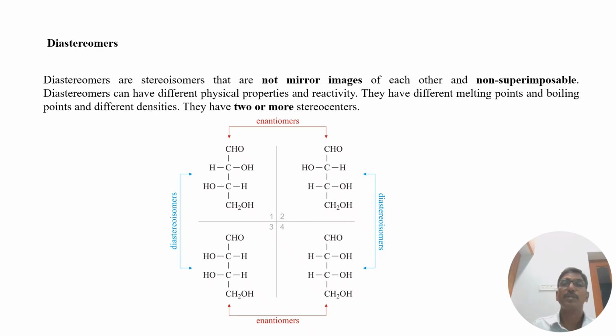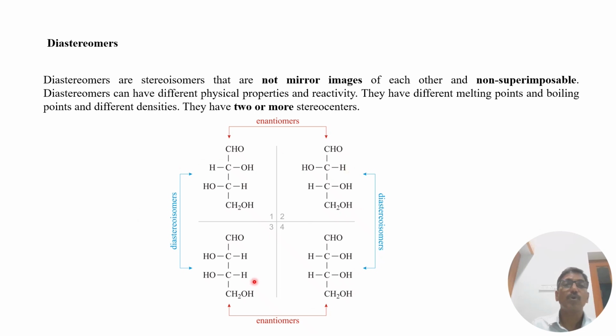They have different melting points, boiling points and densities. But when you compare to enantiomers, they have the same physical property as well as chemical property. Therefore, it is very important to understand the difference between enantiomers and diastereomers. Diastereomers have two or more stereocenters. That is another important criterion for diastereomers.